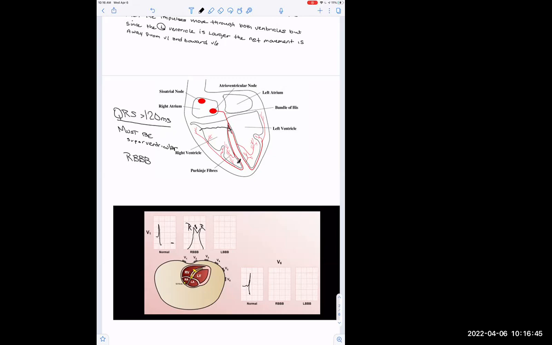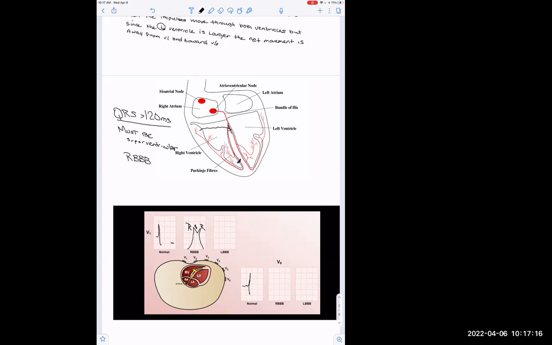And you may also hear folks refer to it as rabbit ears or bunny ears. Okay, I don't want you to get into the habit of looking at this type of morphology and going, oh, that's a bundle branch block. I see bunny ears, and bunny ears is indicative of a bundle branch block. That is not true. You can have a bunny ears morphology and it be indicative of something else.